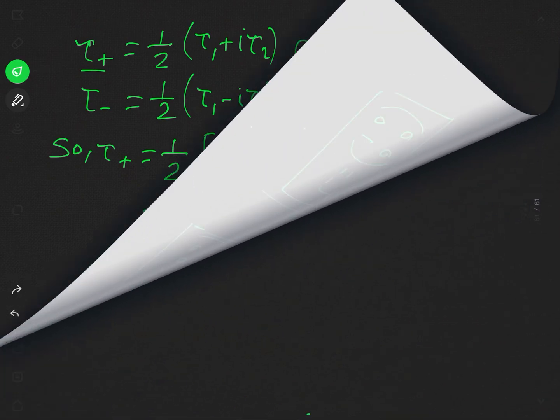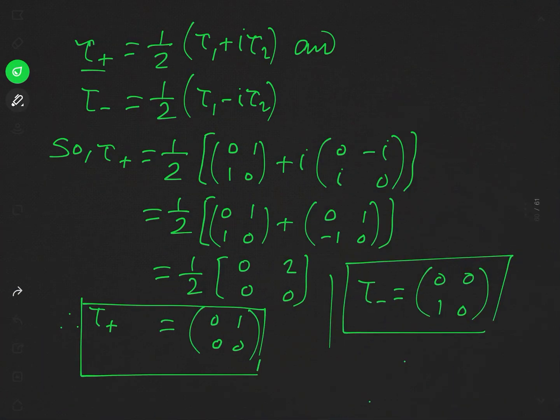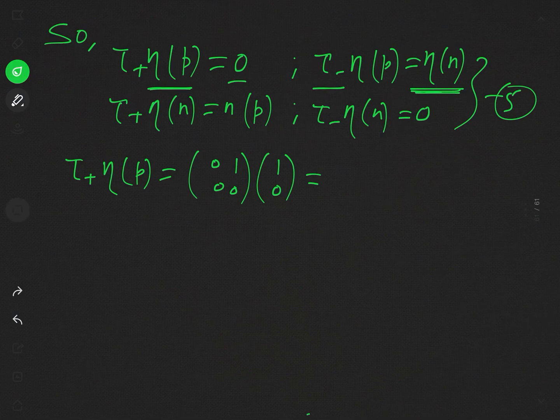This is matrix 0, 1, 0, 0. And eta p, you know the wave function of proton is the column matrix 1, 0.